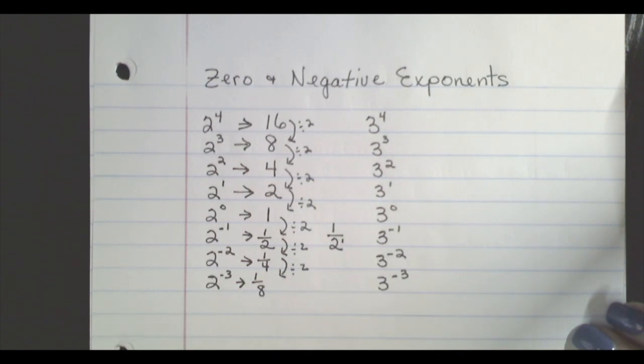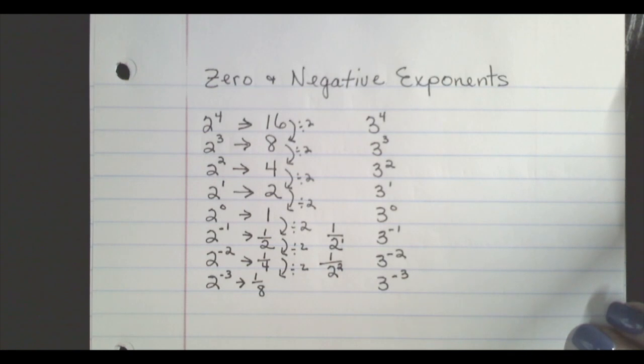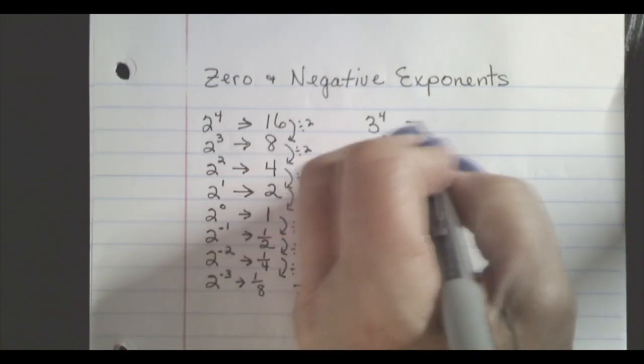That now becomes a positive exponent. 2 to the negative 2 would be 1 over 2 to the 2nd power. 2 to the negative 3 would be 1 over 2 to the 3rd power. So in order to eliminate a negative exponent, you need to flip the number to its reciprocal and make that exponent positive.